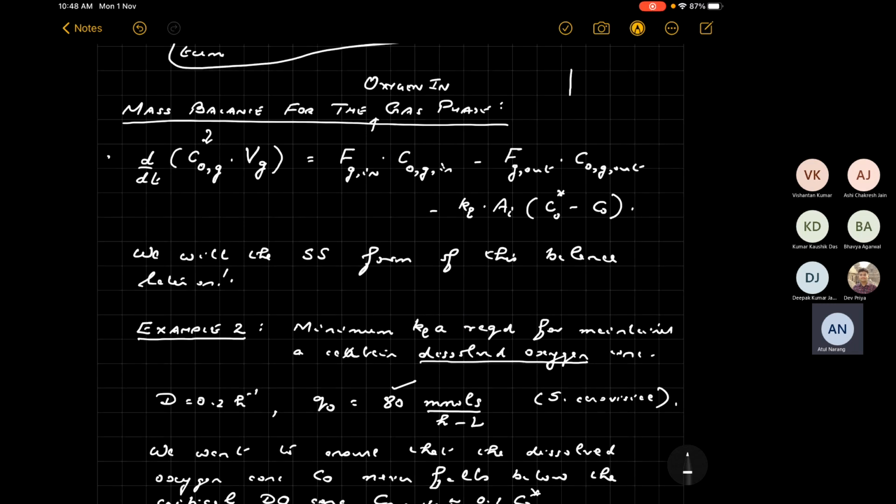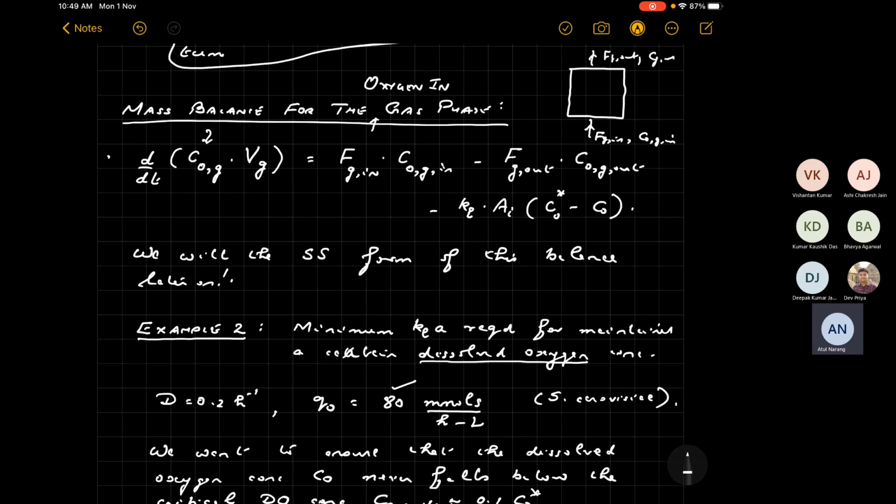This is your reactor, and this is the flow rate Fg in, and this is the concentration Cog in, and then this is Fg out and Cg out, concentration going out. And what this is saying is that the difference between the two has to be equal to the rate at which oxygen has been transferred from the gas phase to the liquid phase.